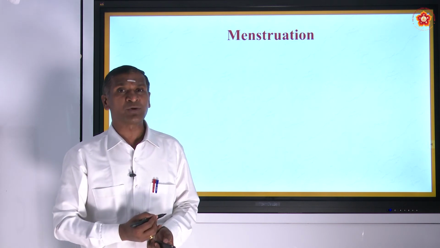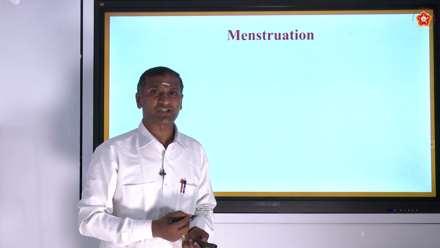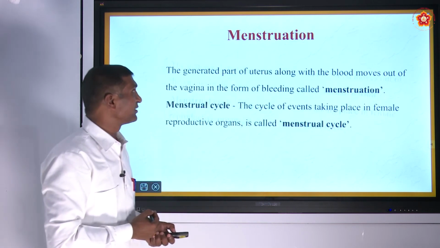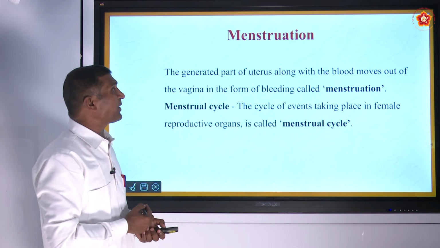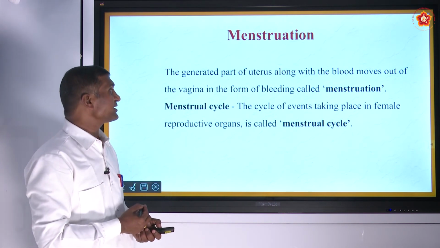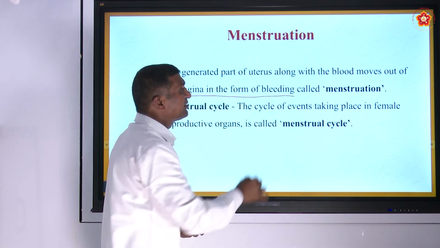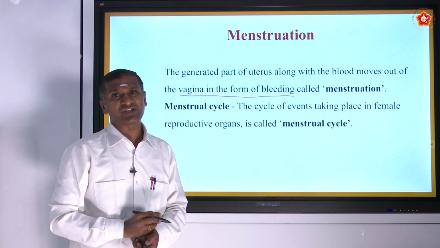How do we come to know? It is this menstruation. What is this menstruation? The degenerated part of the uterus, along with blood, moves out of the vagina in the form of bleeding called menstruation.